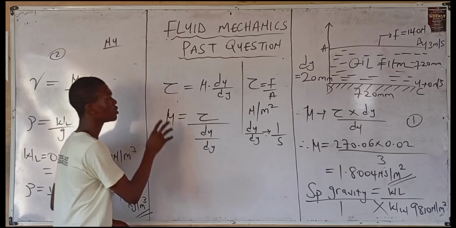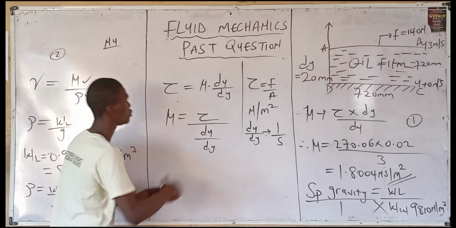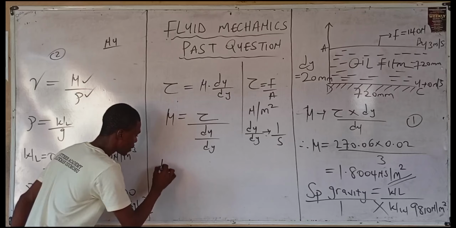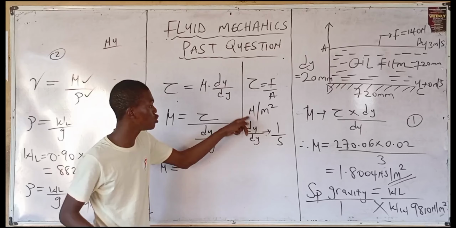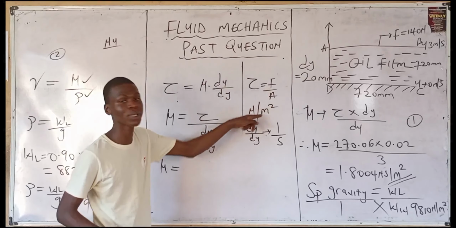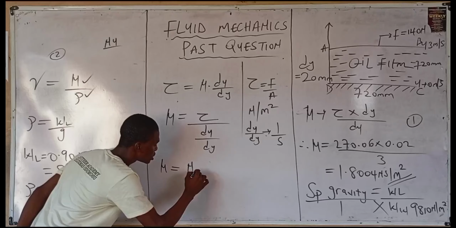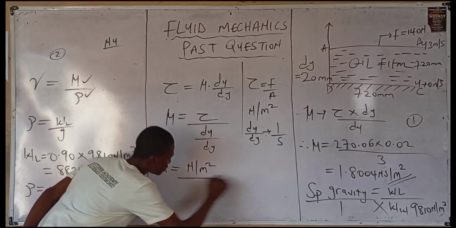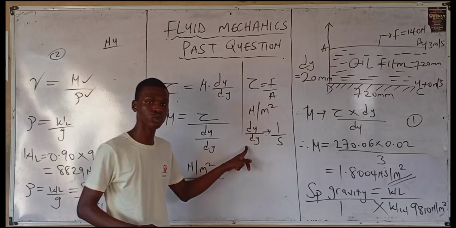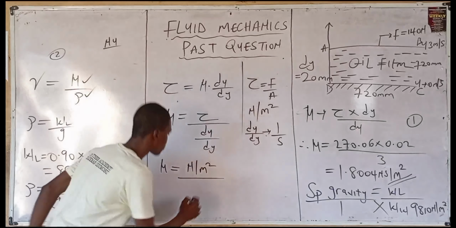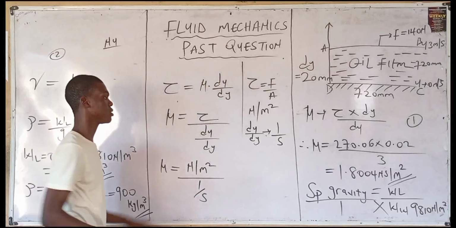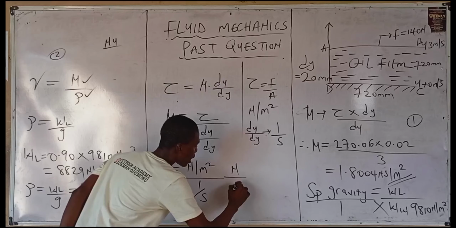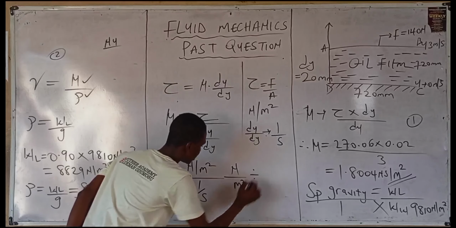So therefore, writing your dynamic viscosity in terms of units, it becomes shearing stress in terms of unit, Newton per meter square, divided by the velocity gradient, 1 over seconds, right?